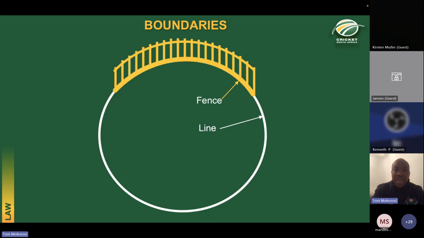The boundary can be marked by means of a picket fence. In Australia, up until the late 80s, early 90s, they used to have picket fences. I think they're still quite common in many grounds around England. Again, the inside edge of that picket fence would have been the boundary. Very dangerous. You won't see it nowadays in international cricket.